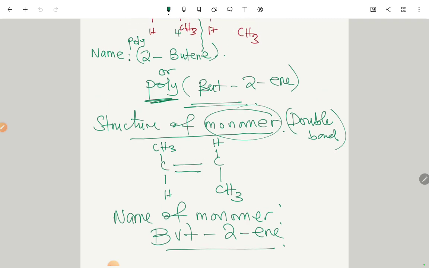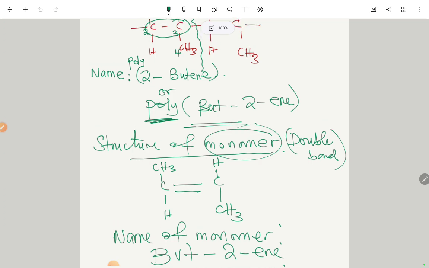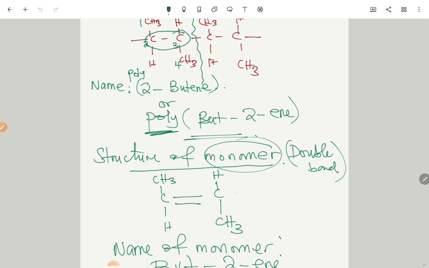Now, it may be interesting for you to know the differences between the monomer and the polymer. Like you have observed, the monomer has a double bond, the polymer has single bonds. Also, the polymer, from what has been drawn here, has a lot of carbon atoms.